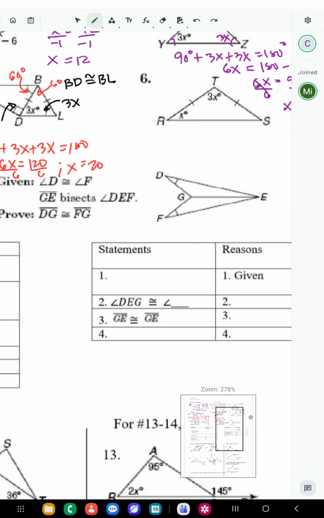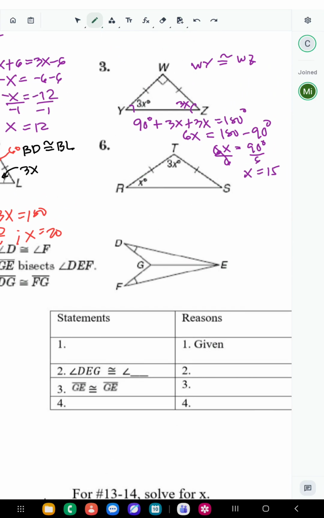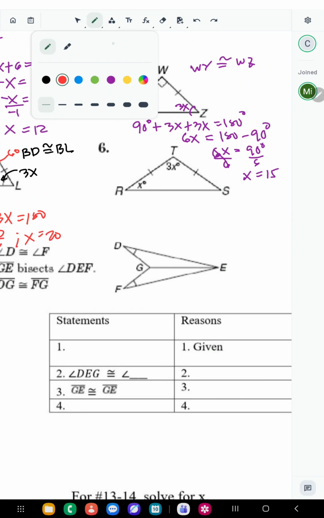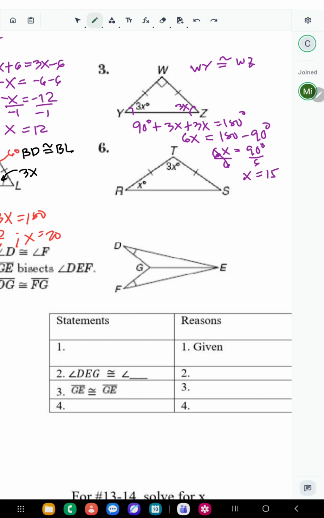Okay. Then for number 6, this one. It's indicated here that RT is congruent to TS. So that means this is also x. We have 3x plus x equals 180.